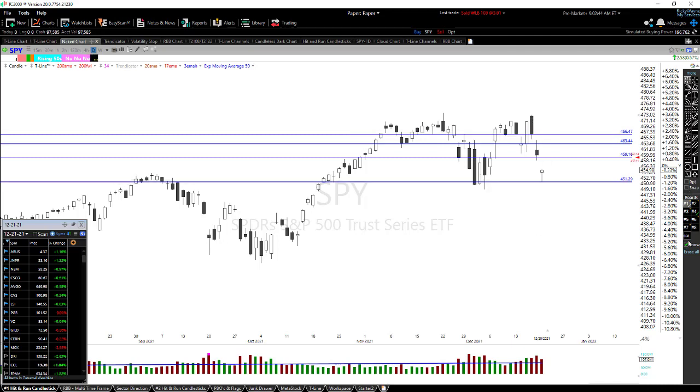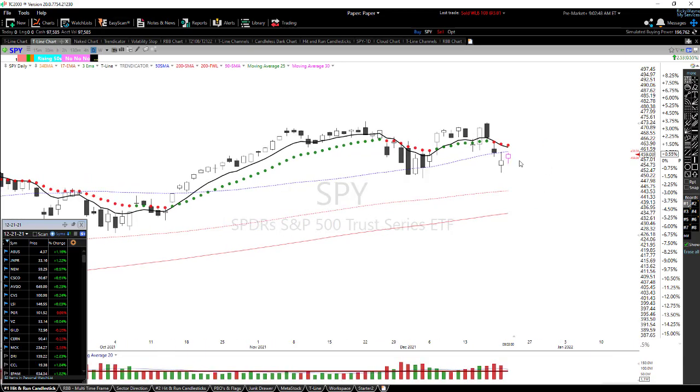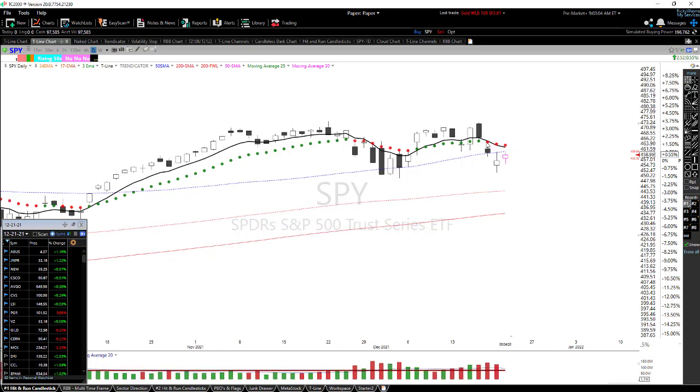I'm going to have to get rid of that and come back over here. I kind of use that, and I'm going to use the 50 period moving average because it's right there. If it was down here, I wouldn't even be in the conversation. But because it's above price, it's in the conversation. I'm going to use the Trendicator, that's the red dots and the green dots, because anything below the red dots tells me the sellers still have control in my little trading world.